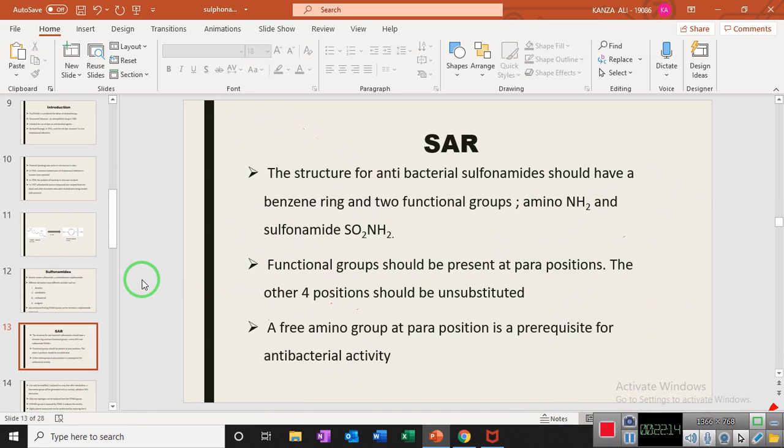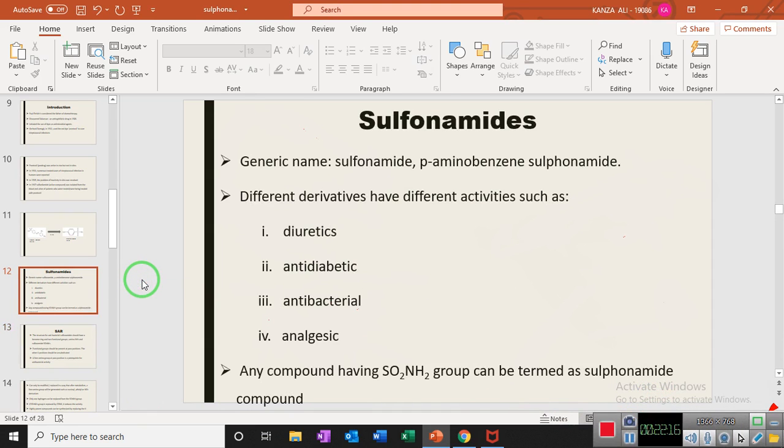There are a number of antidiabetic compounds, the compounds which are used to treat or control the blood sugar level.